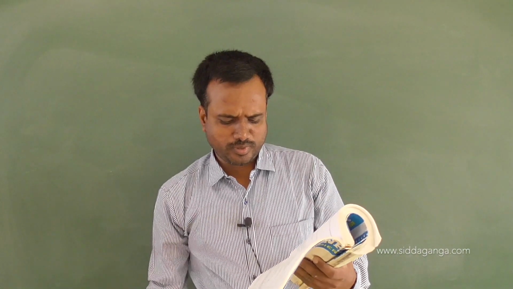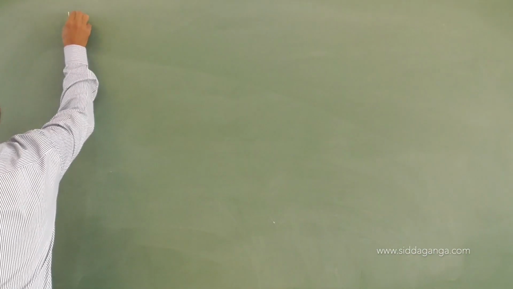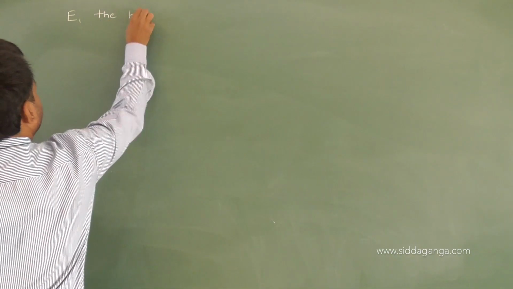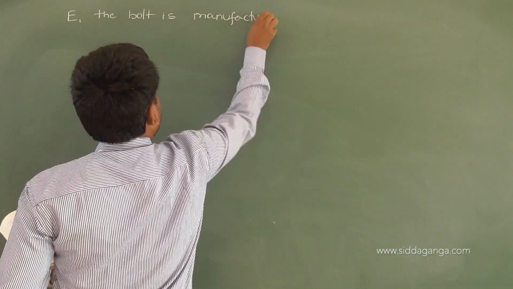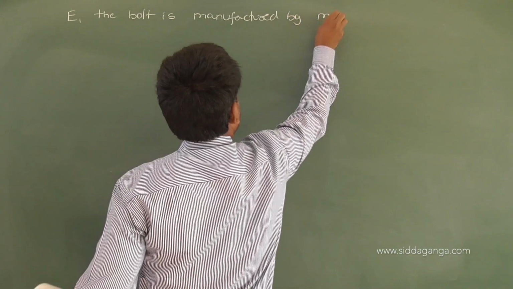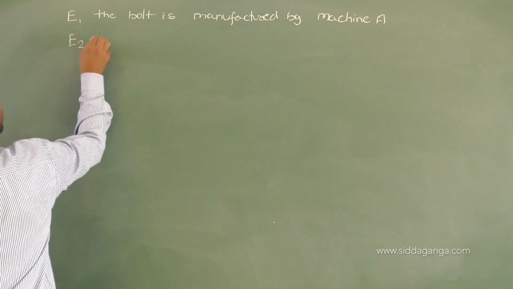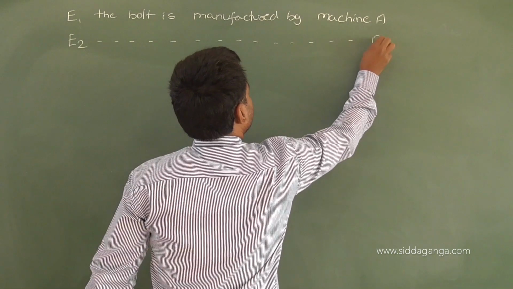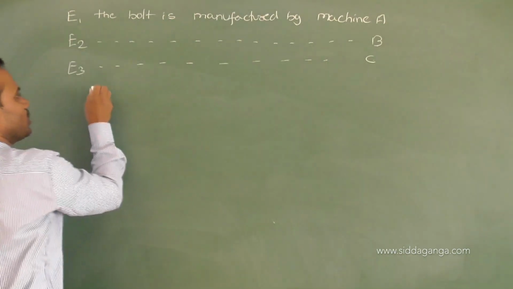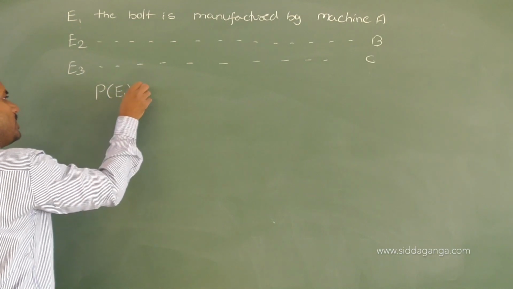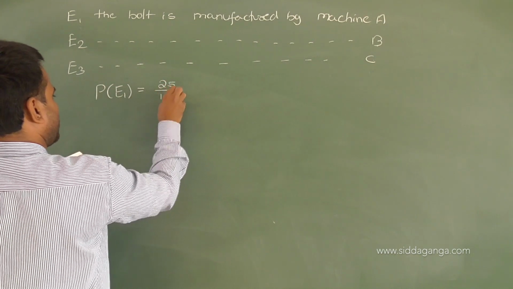Let E1 be the event that the bolt is manufactured by machine A, E2 that the bolt is manufactured by machine B, and E3 that the bolt is manufactured by machine C. Probability of E1 is 25 divided by 100.